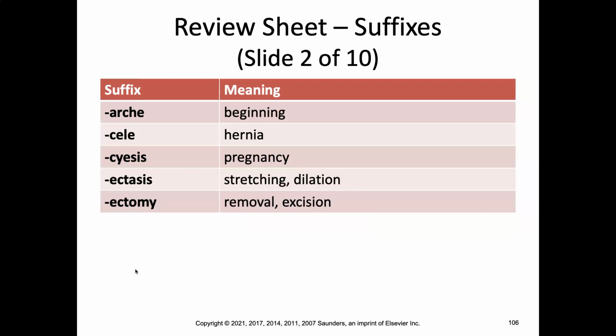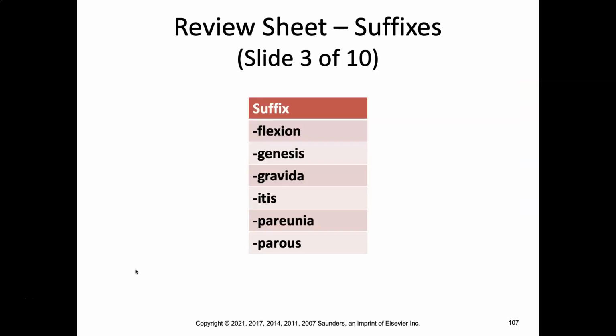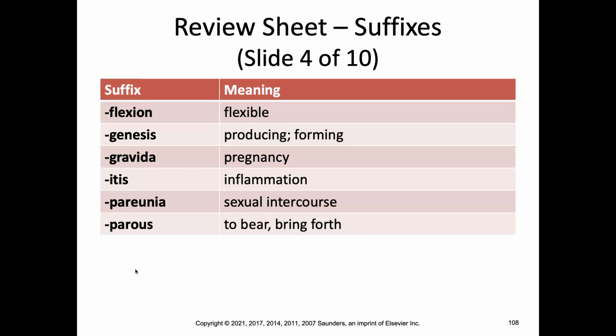And then those suffixes: arc, seal, ciesis, ectasis, ectomy, flexion, genesis, gravida, itis, perunia.